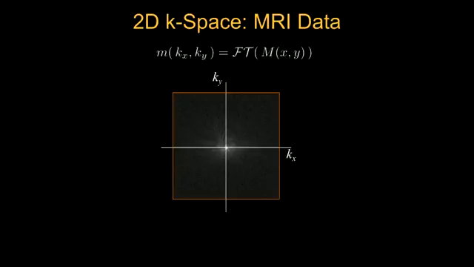Okay. Again, this is your k-space data. And k-space data is basically the Fourier transform of your image information. And this x is not directly related to the k location.